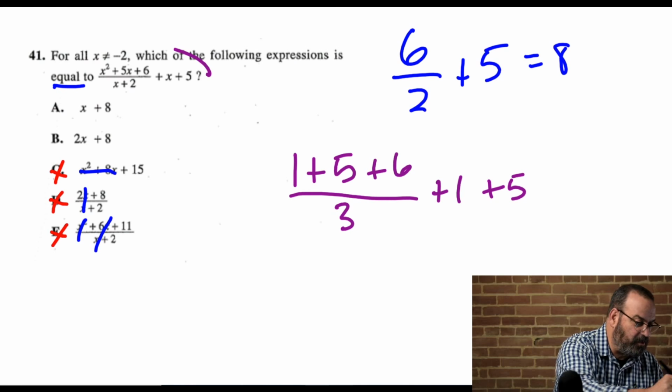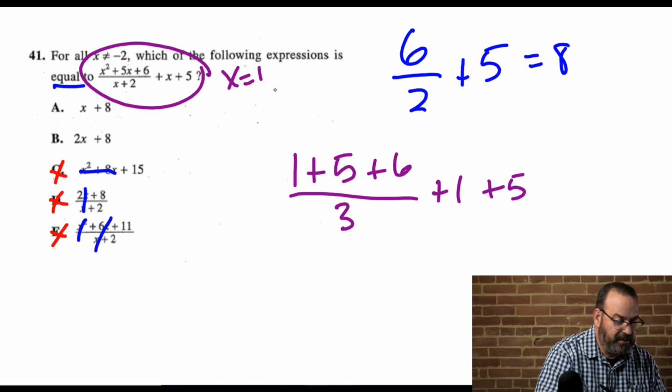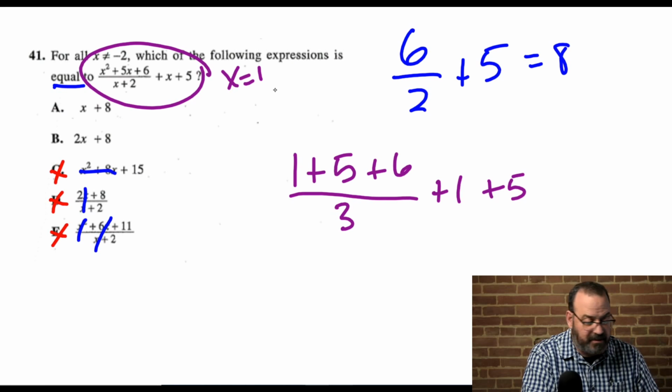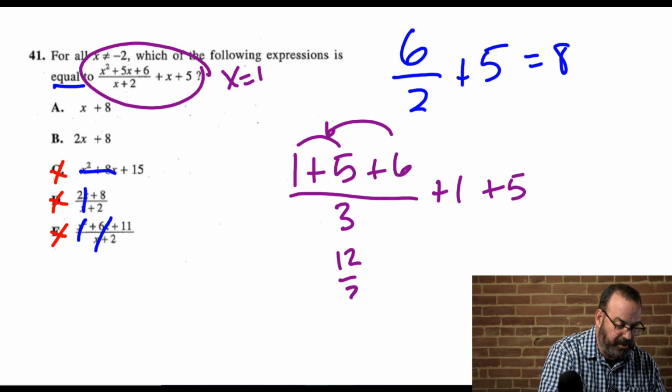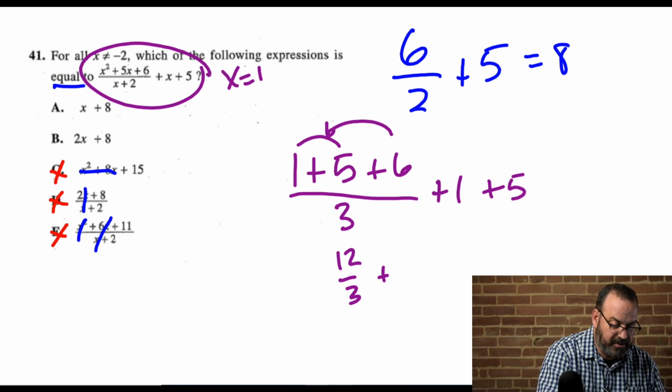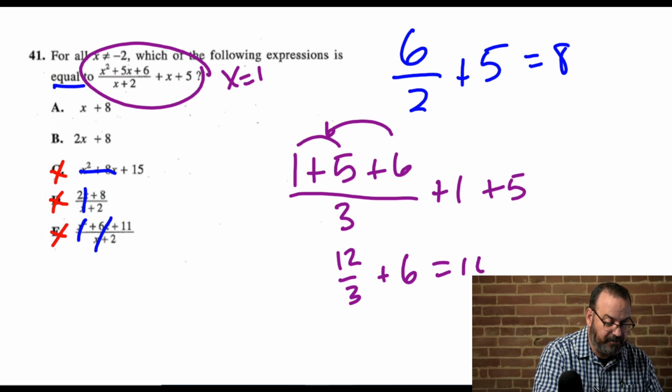So I've taken this whole thing and I've plugged in x equals 1. 1 plus 5 is 6, plus 6 is 12. I get 12 over 3 plus 6. 12 divided by 3 is 4, plus 6 is 10.